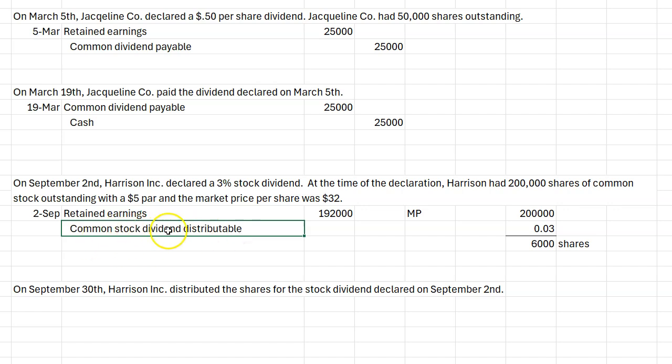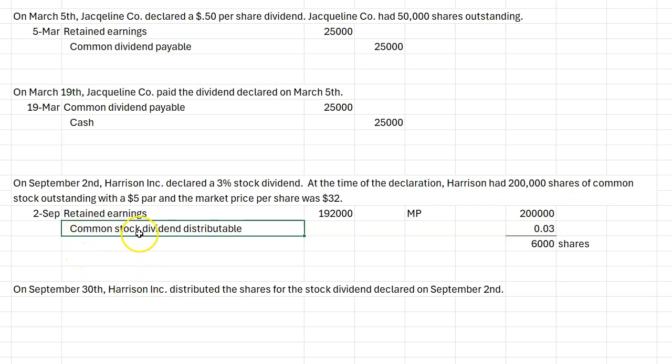This account down here is an equity account, right? Because eventually this is going to turn into stock. We're not giving up any type of real economic sacrifice with the company. We're giving out more ownership. And when we give out more ownership, that's not us giving out anything related to liabilities. That is an equity issue.